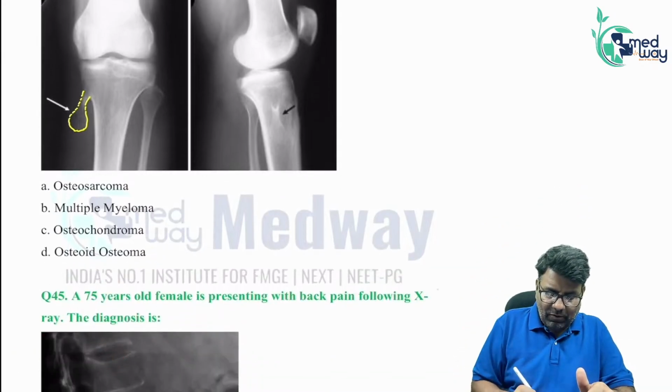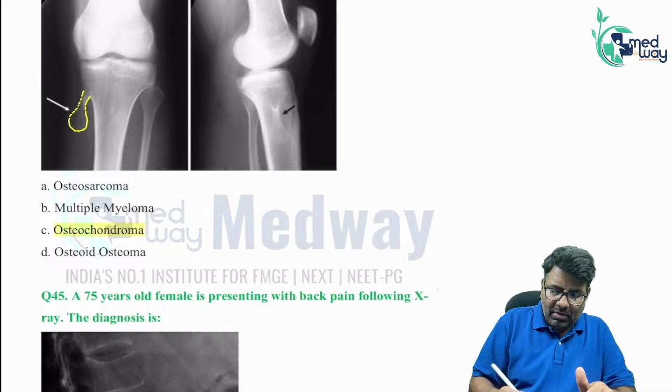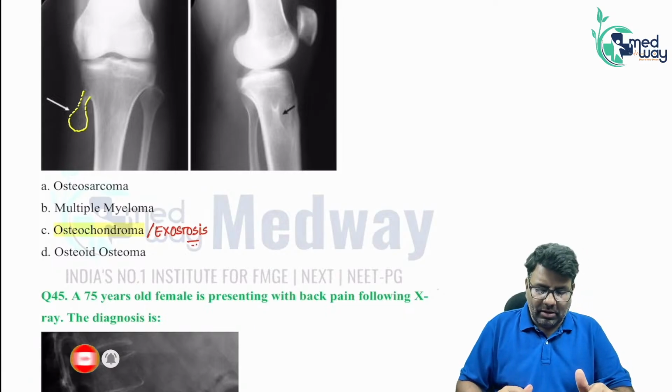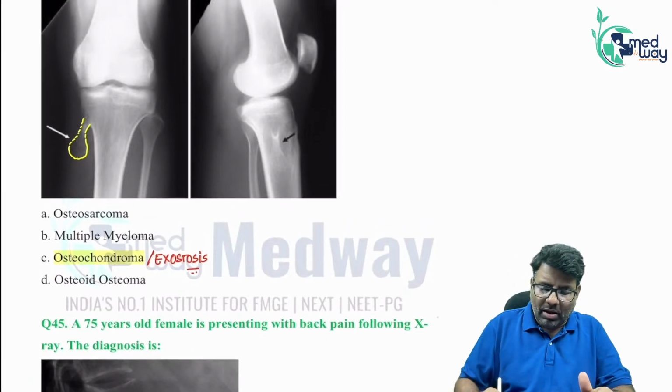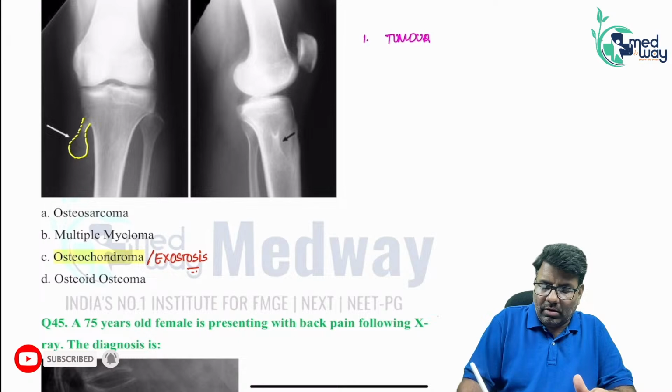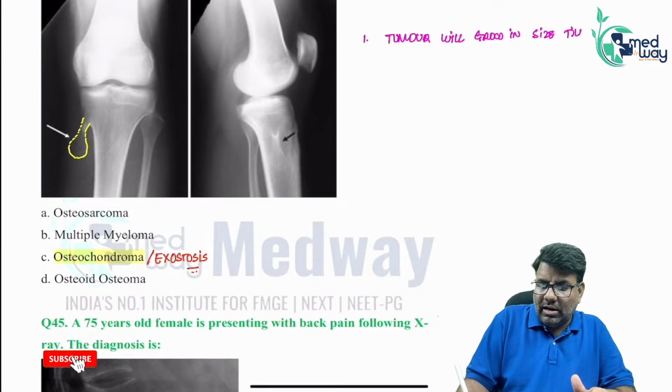So this is classical for osteochondroma, which is also known as exostosis. And there are a few points which you should know for this entity. Number one, the tumor will grow in size till there is growth at the physis.